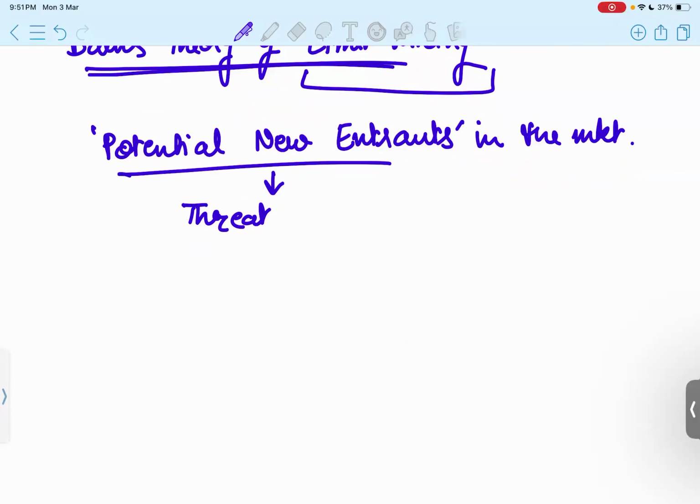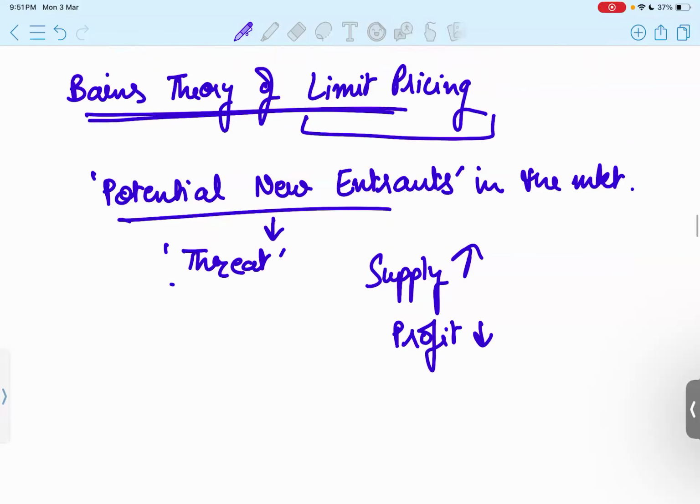Why is it a threat? Because if a new firm enters, supply increases. So for the already existing firms, their share of demand that they are catering to, or their production, will fall. This will reduce their profit, and they will not want to reduce their profit. That is why it acts as a threat for the already existing firms in the market.